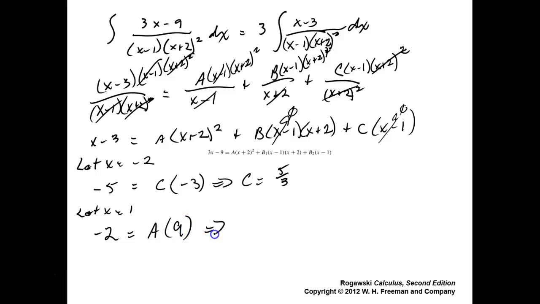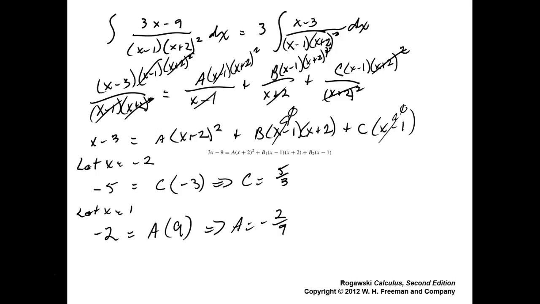So that implies that A is equal to negative 2/9. But we have a problem, don't we, Houston? We have no way of figuring out what our B is. When you let x equal negative 2 you lost two of those, and when you let x equal 1 you lost two of them, but you never could figure out what the B is.